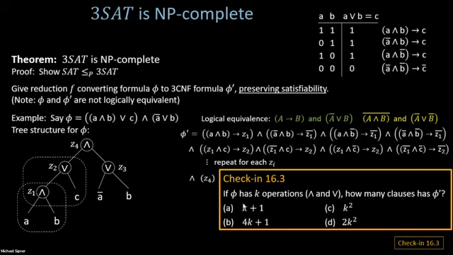Yeah, the correct answer is 4k plus 1, because each one of these operations is going to end up being a row in this picture. Each operation is going to have a variable associated to it. It's going to become a row in this picture.